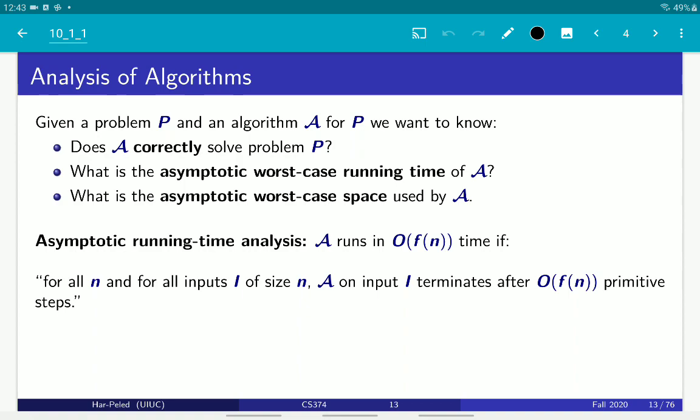So for sorting, the running time is at most 10, maybe 100, n log n operations for input of size n. This is an upper bound, and it's asymptotic. We don't really care about the constant here. Asymptotic means that the constant doesn't matter.